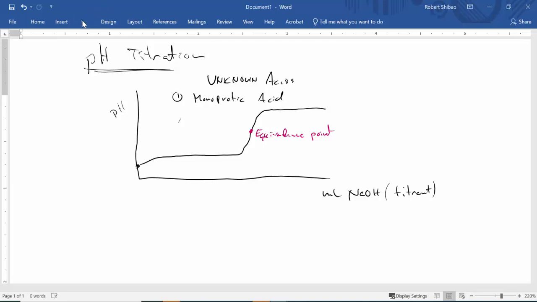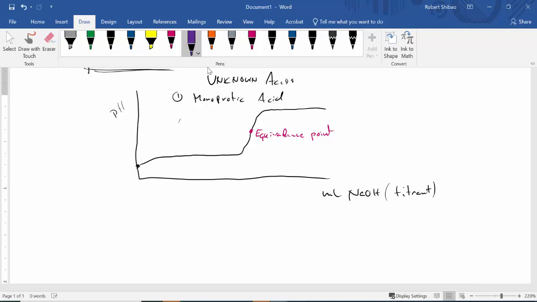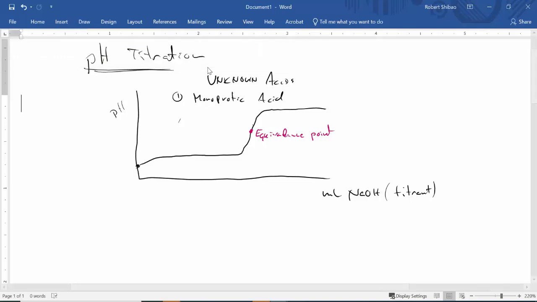The actual end point of the titration is where the indicator changes color, and the end point is about here. This is the end point with phenolphthalein. And you want the end point and the equivalence point to be the same, but because of the indicators that we have, these are just colored dyes, sometimes there's an error, and the amount of error is usually like a drop, maybe less than a drop.